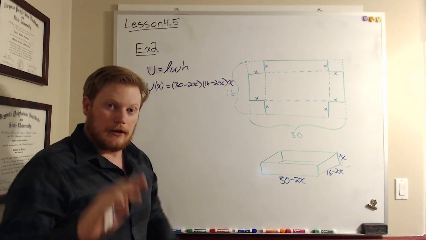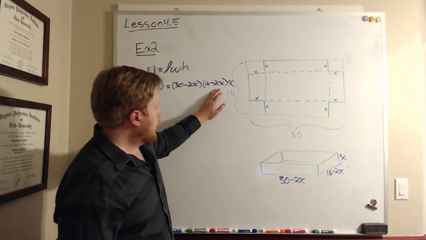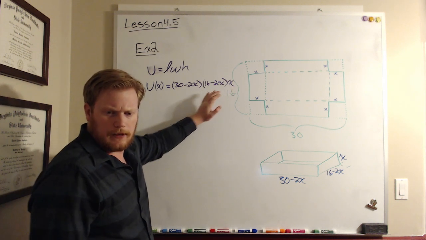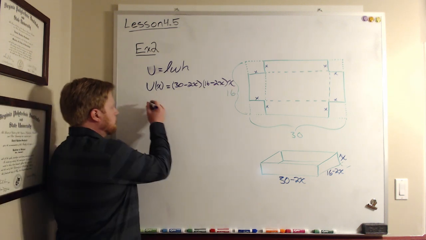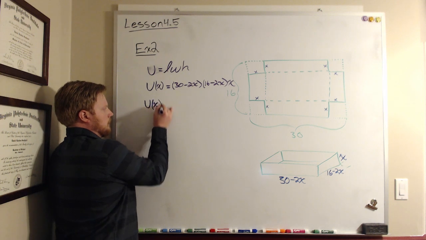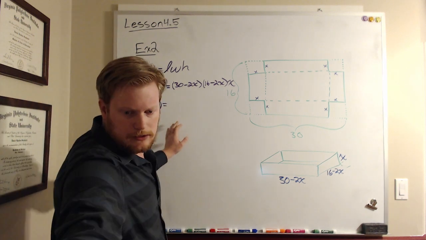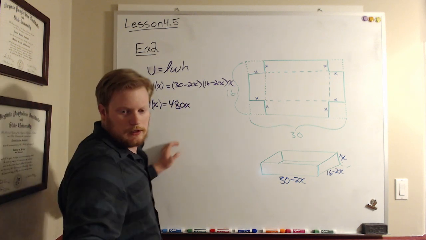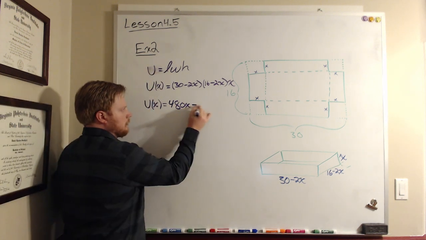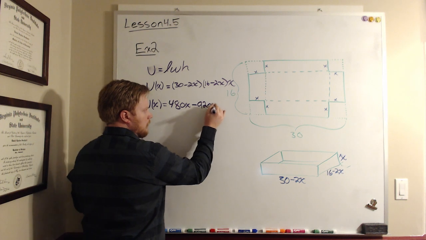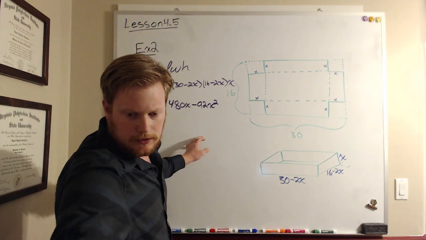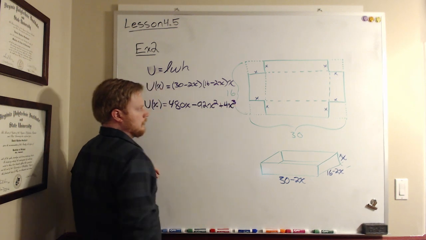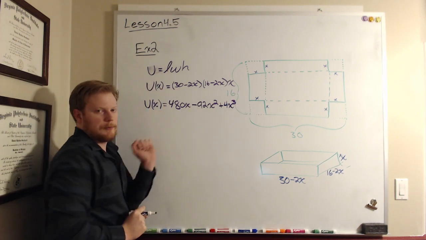All right, now we're going to go ahead and expand this, and notice you should get a cubic function, right? Okay. And that cubic function that you get is, let's see, 480x minus 92x squared, so plus 4x cubed. Okay. That's what I want to optimize.